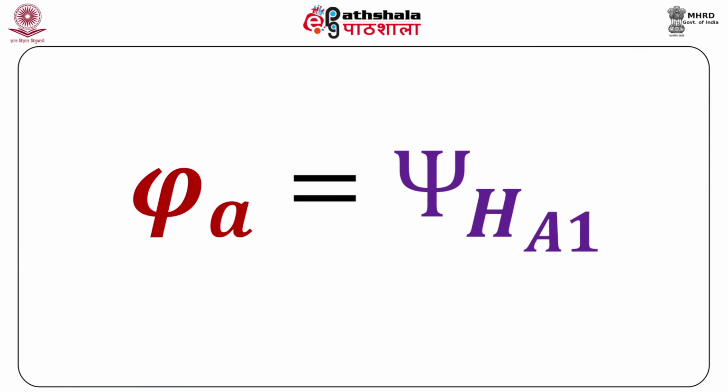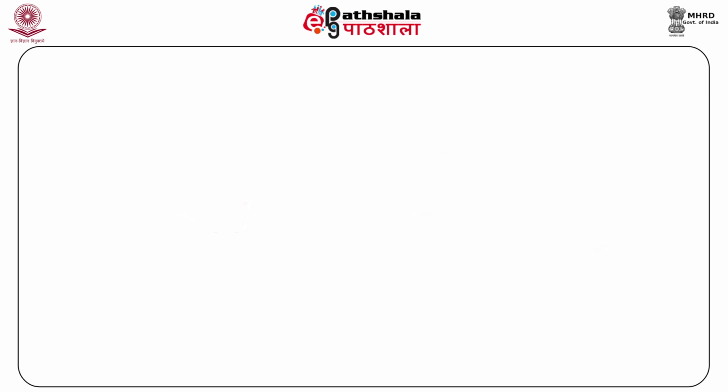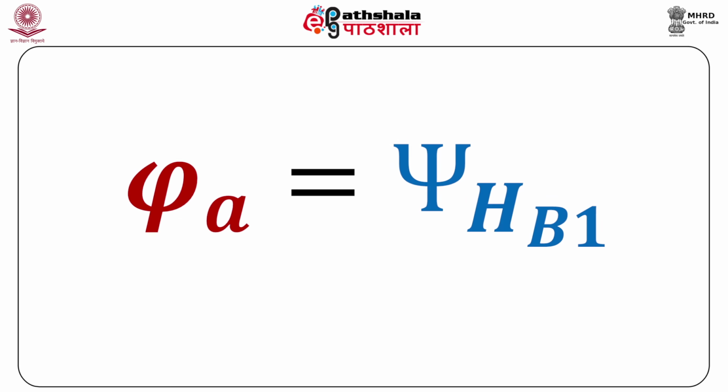Phi will be equal to psi HA1 when electron 1 is in the vicinity of nucleus A. And similarly, phi, the approximate molecular orbital or wave function, will be psi HB1 when the electron is in the vicinity of nucleus B.